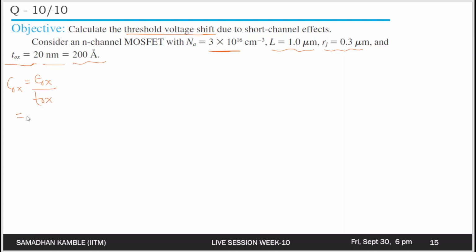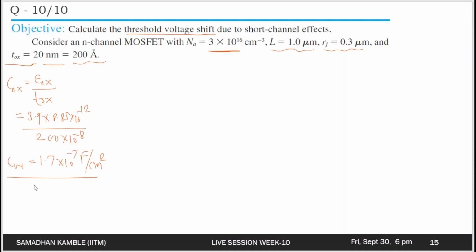If you just substitute it, we'll get epsilon oxide as around 3.9 times 8.85 times 10 to the power minus 12, divided by the thickness, which is 200 angstrom, that is 10 to the power minus 8 centimeters. So Cox is nothing but 1.7 times 10 to the power minus 7 farad per centimeter squared. So one parameter is determined.